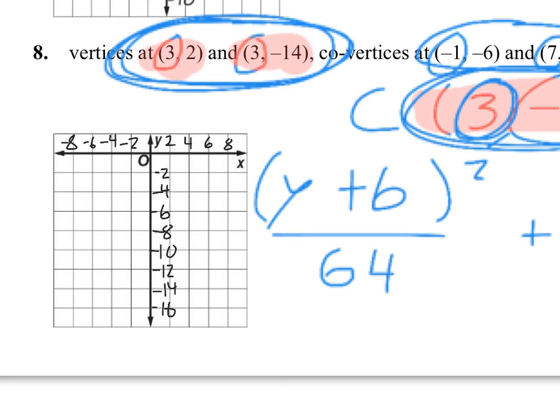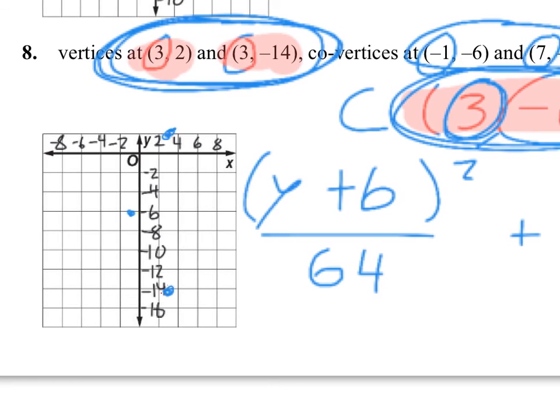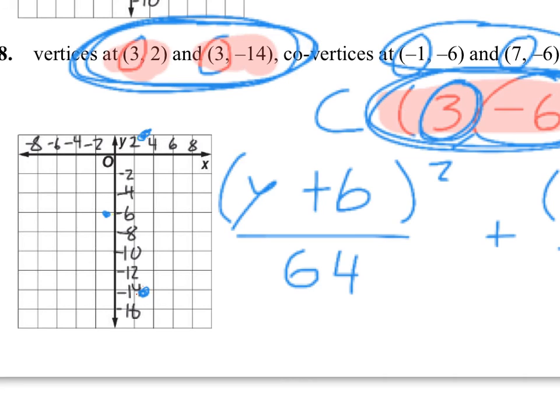Okay, so we were given the vertices are 3, 2 and 3, -14. We're given the co-vertices were -1, -6, and 7, -6. Alright, so using that picture, we could tell where the center is kind of by forming a cross.